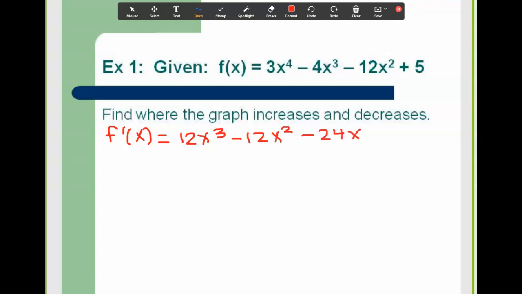So we have f prime of x equals 12x cubed minus 12x squared minus 24x. And then we want to find the zeros. So we can take out a 12x.